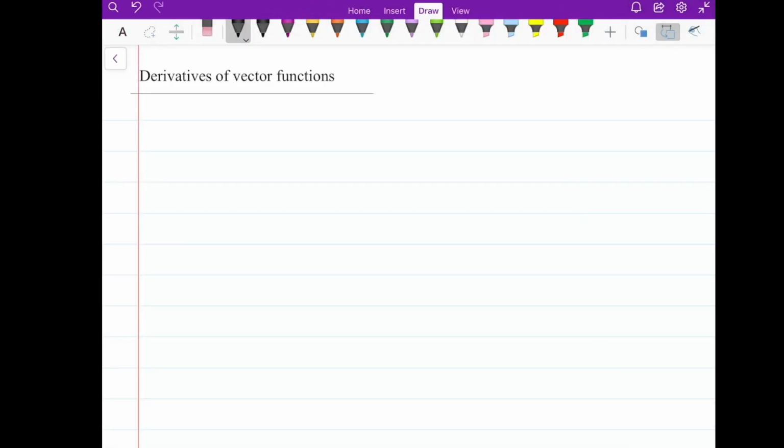If I want to give you a recall, a vector function is a function like this, r of t. It's a vector with the components x of t.